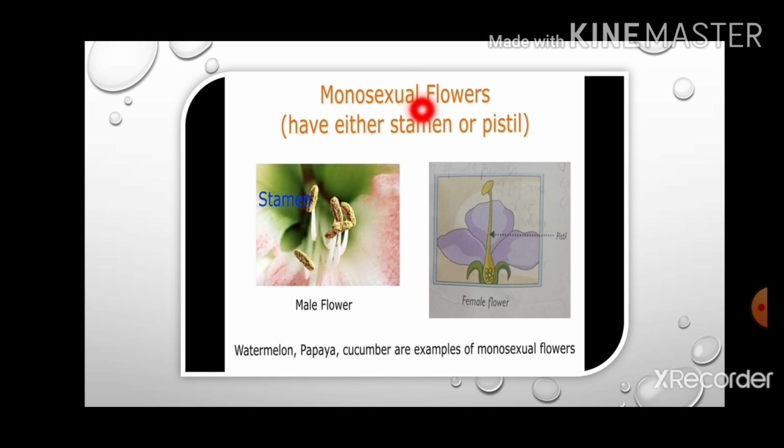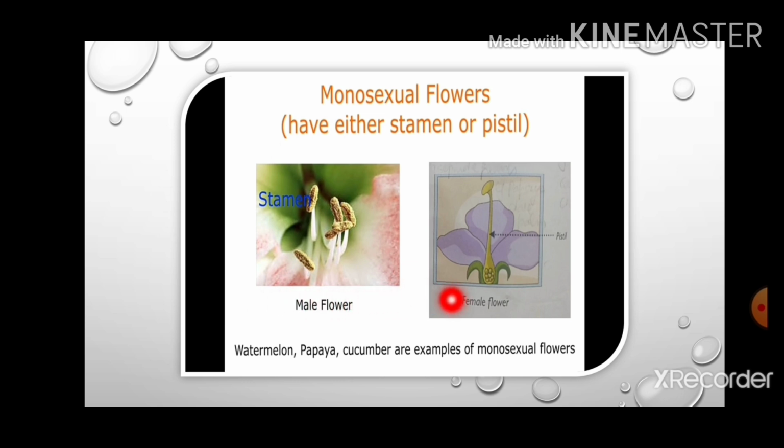Monosexual flowers are the flowers which have only one of the reproductive structures, meaning either the stamen, the male reproductive structure, or the carpel, the female reproductive structure. A flower is termed a male flower if it has only stamens.